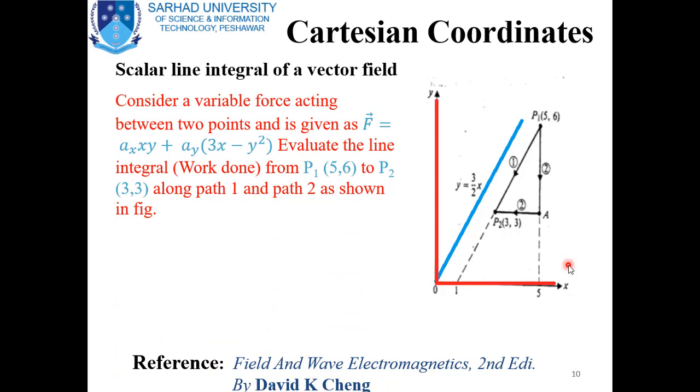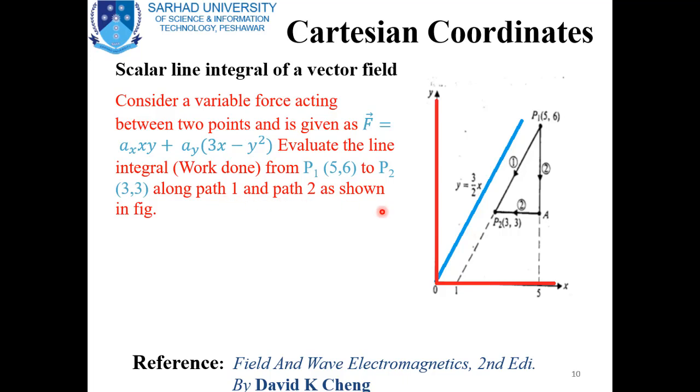Consider a variable force acting between 2 points, given by F equal to ax xy plus ay into 3x minus y square. We have to calculate the line integral, which is simply the work done, and the work done is to be found between 2 points P1 and P2 along 2 different paths, path 1 and path 2.